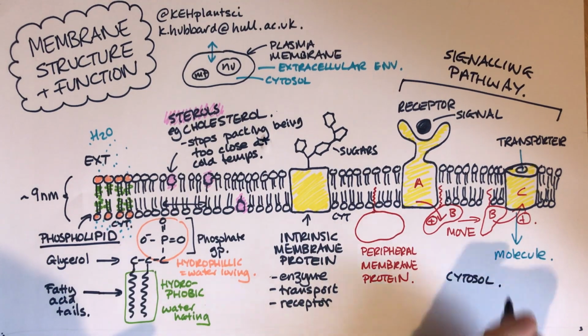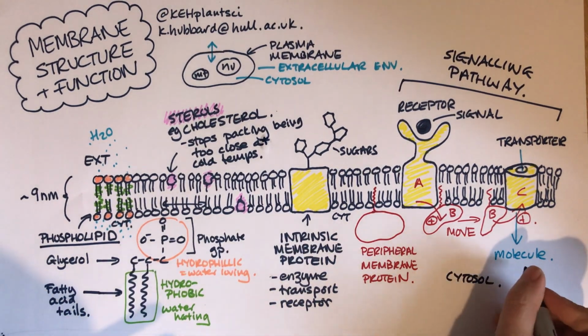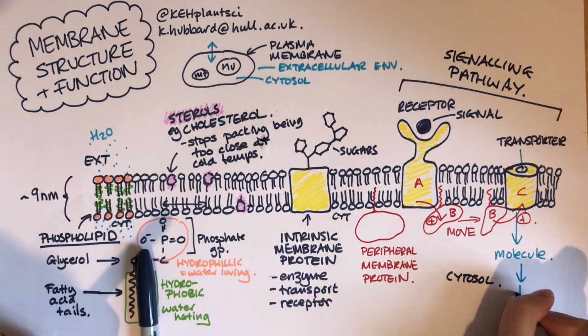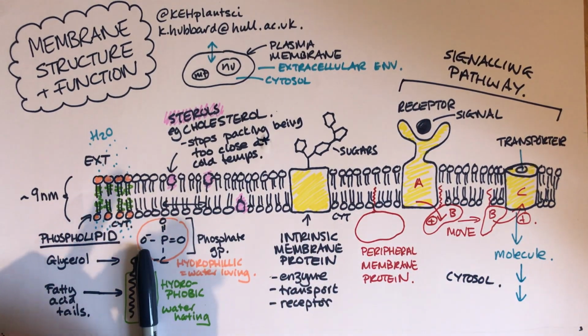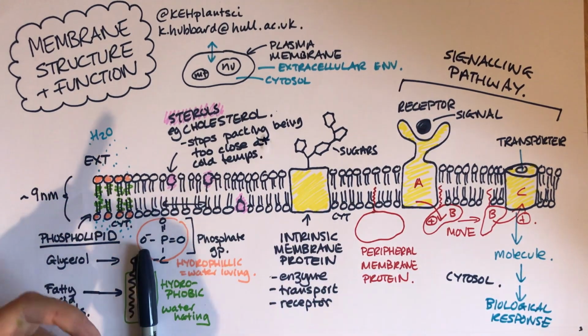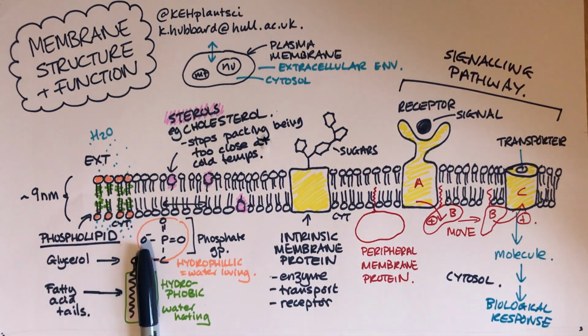So this is the inside of the cell, and that molecule might then activate something else and something else. We might switch on genes, so we have a biological response. Not all signalling pathways involve the membrane, but the vast majority of them do. And we'll be thinking more about signalling pathways in some other videos later on in the module.